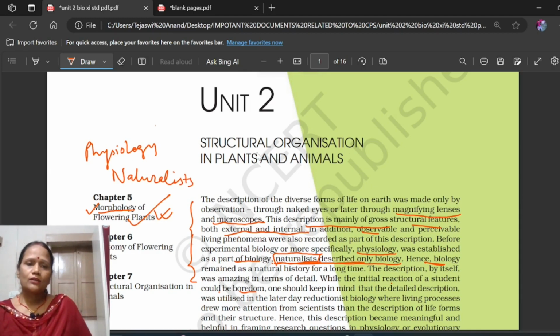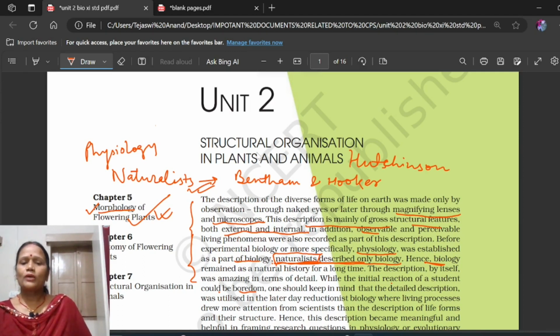Those scientists who have given the theory of different types of classifications, like the Bentham and Hooker system of classification, which you will read further, and the Hutchinson system of classification. There are different systems of classification, and those scientists are called naturalists. So you can't take biology as a boring subject. You can make it more interesting so that the topic will be more learnable for you.